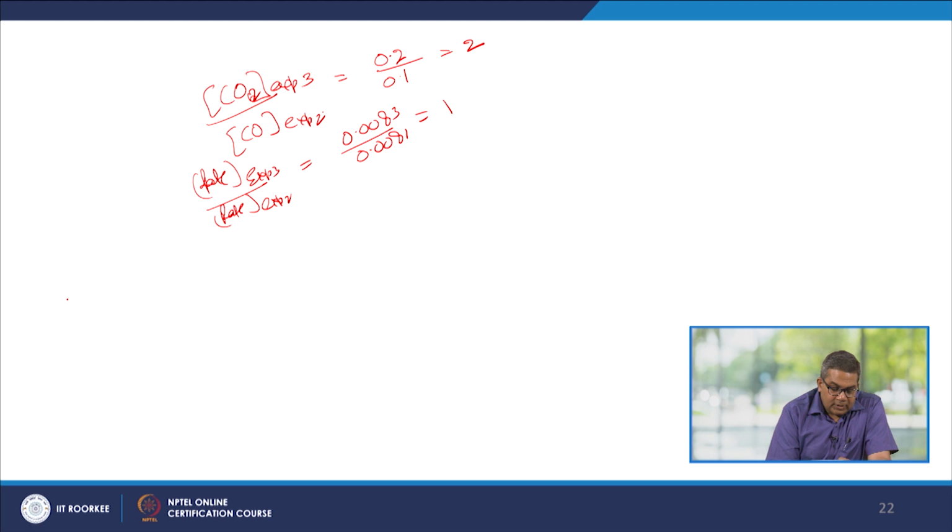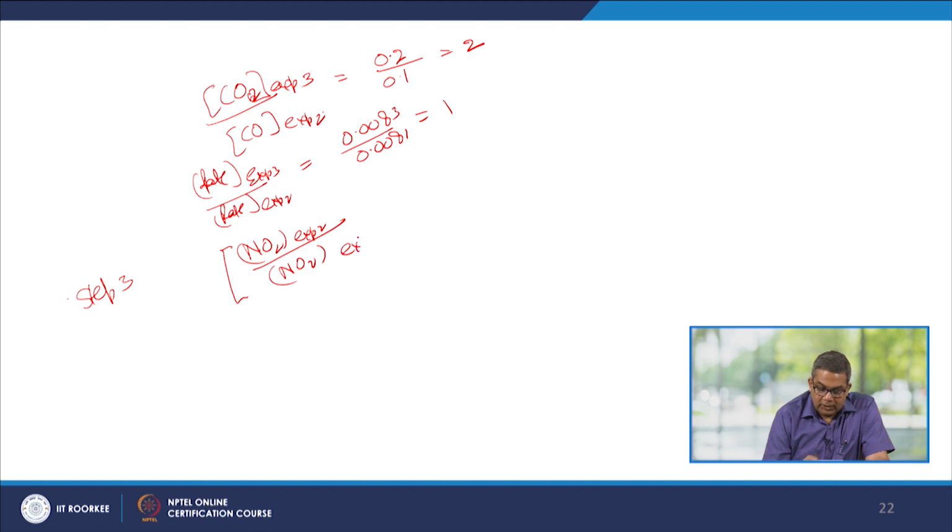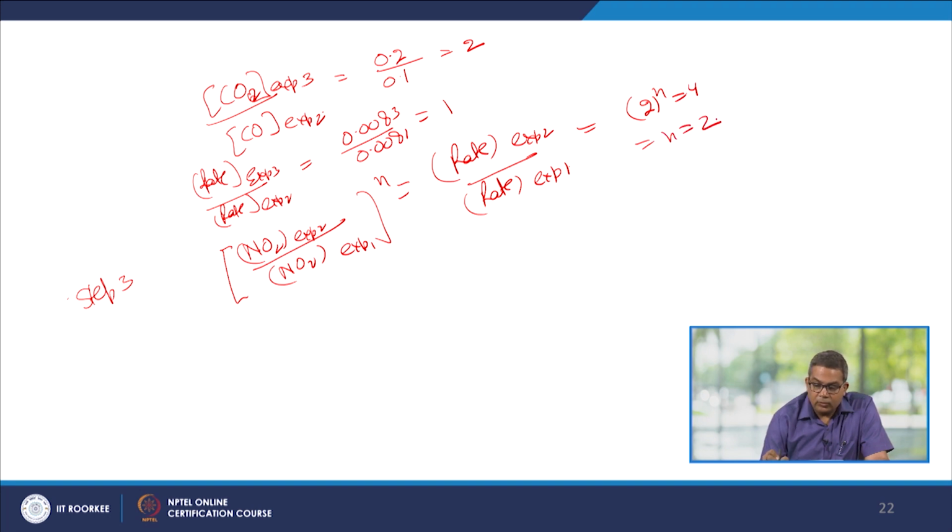Let us take another step, that is step 3. Determine to what power the concentration factor must be raised to equal the rate factor for both NO2 and CO. So in this case, NO2 experiment 2 over NO2 experiment 1 to the power n is equal to rate experiment 2 over rate experiment 1. This comes out to be 2 to the power n is equal to 4, and n is equal to 2.